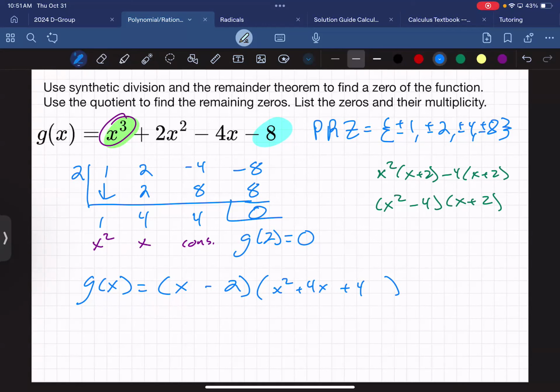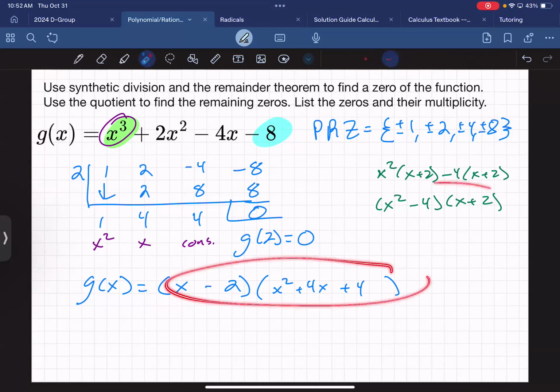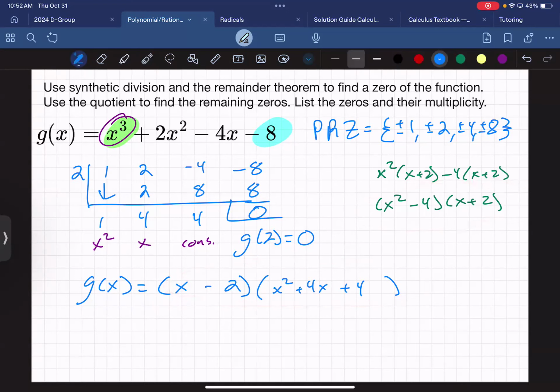All right. Now, do these things look exactly the same? No, right? But guess what? Isn't that a difference of squares up here? Whereas down here, the factors of 4 that add to 4 and multiply to 4 are positive 2 and positive 2, right?